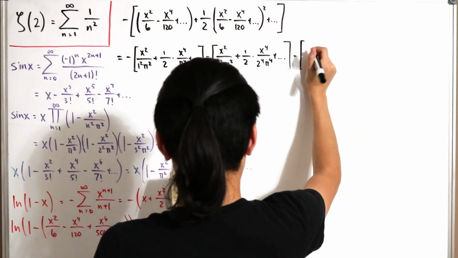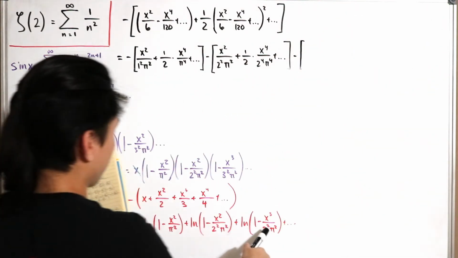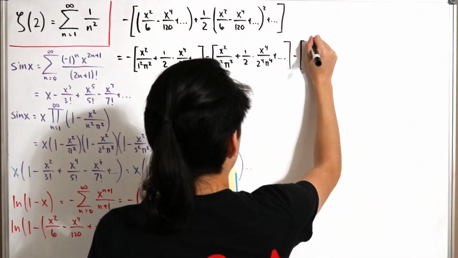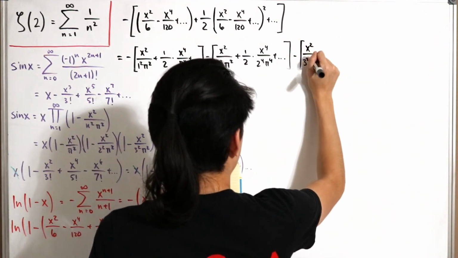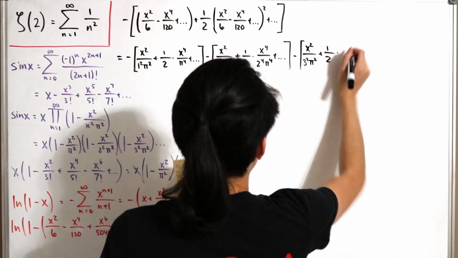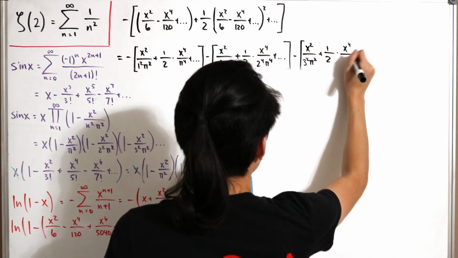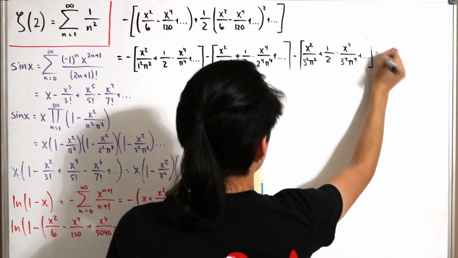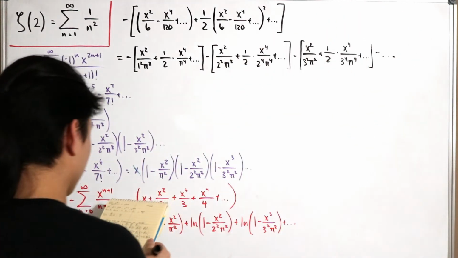So we have subtract again, then doing this again for x squared divided by 3 squared pi squared. So let's see, x squared, 3 squared pi squared, then plus 1/2 times, so everything will be to the power 4, x to the power 4, then divided by 3 to the power 4, pi to the power 4, keep going there, subtract, then the series goes on and so forth.